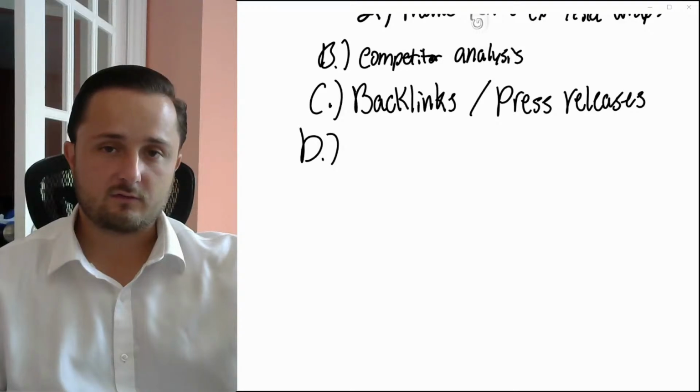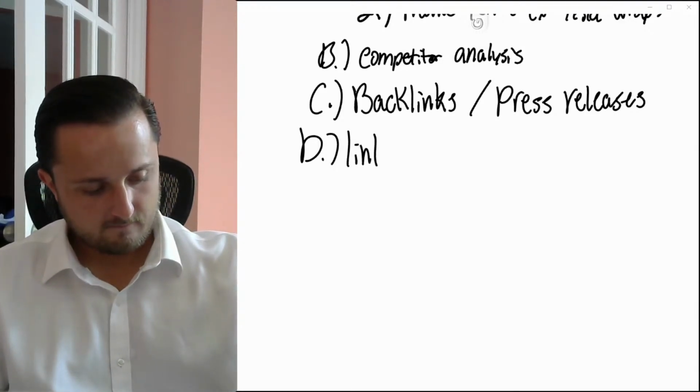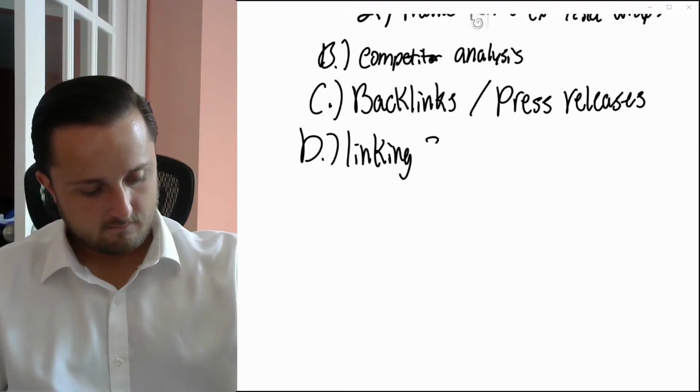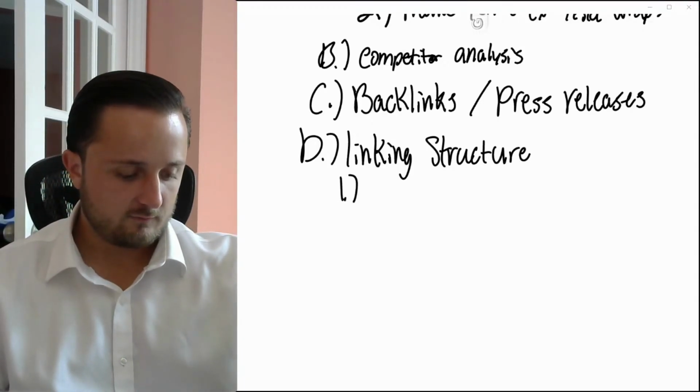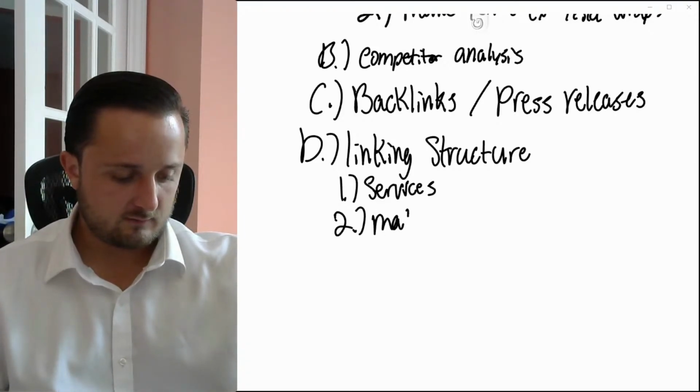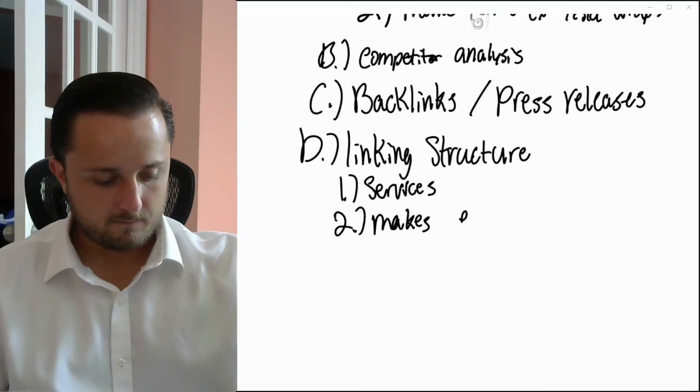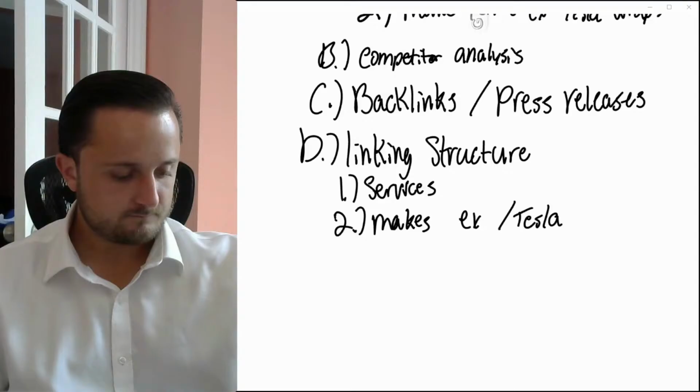Then we're going to go into linking structure. This will also have a subcategory for services. And then we'll also have one for makes. So an example would be Tesla.